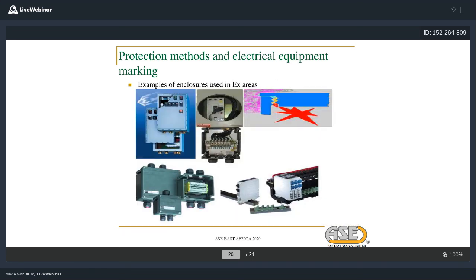So let's see some examples of these enclosures. Here we have flameproof. We have intrinsic safety, i. Here we have increased safety, pressurized, and here we have a flameproof. In flameproof, we can see here there is this thread.